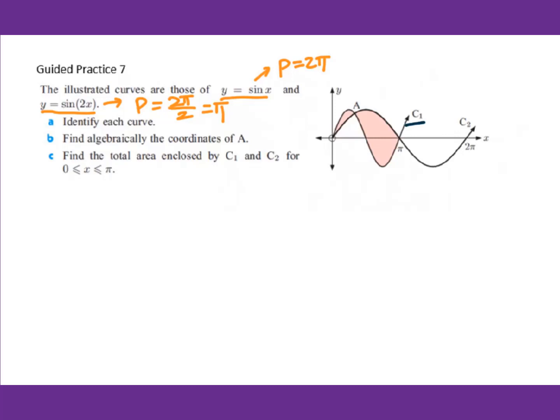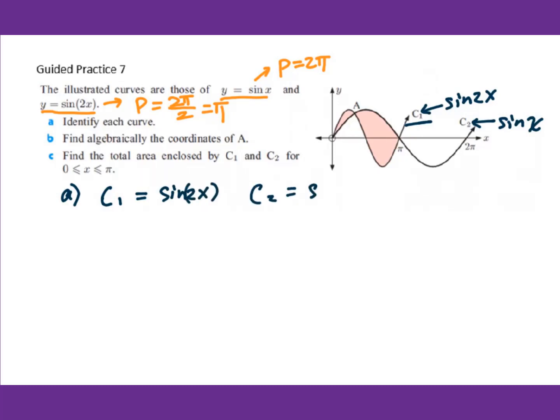Therefore, C1 will be sin 2x. C2 will be sin x. For A, C1 equals sin 2x. C2 equals sin x.